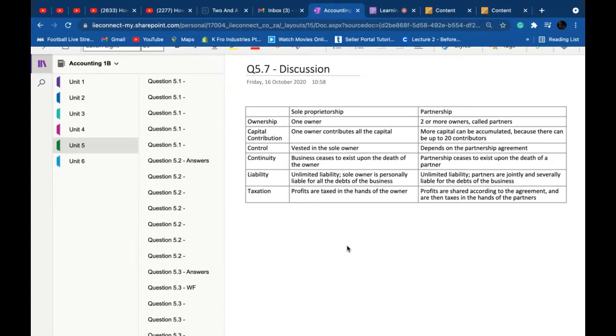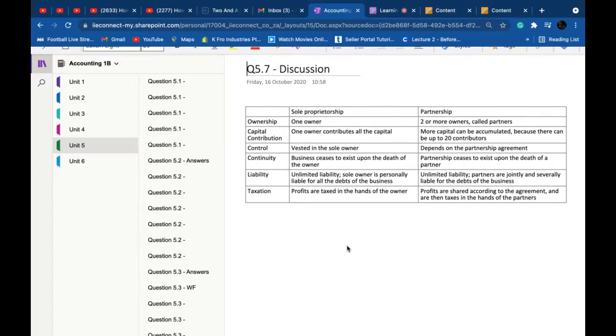All right, continuity. The business continues to exist upon the death of the owner. Interesting. Partnership ceases to exist upon the death of a partner. Okay. Liability, unlimited liability. Sole owner is personally liable for all the debts of the business. Okay. Unlimited liability.